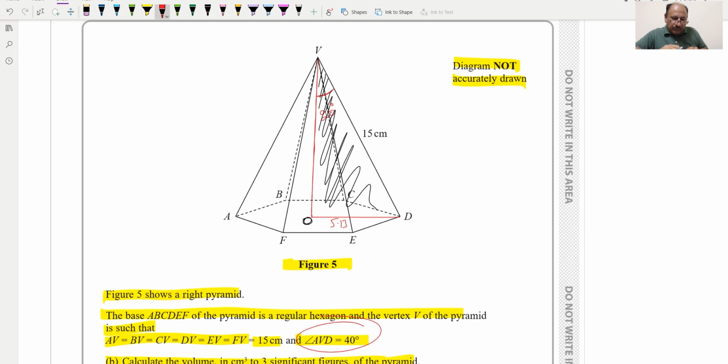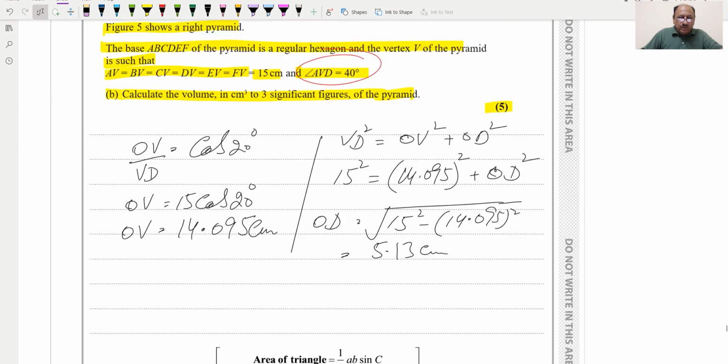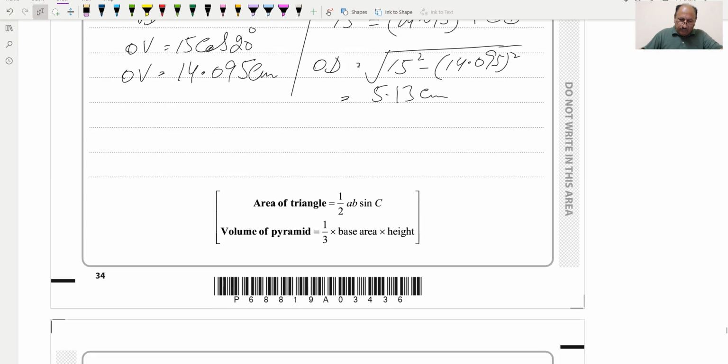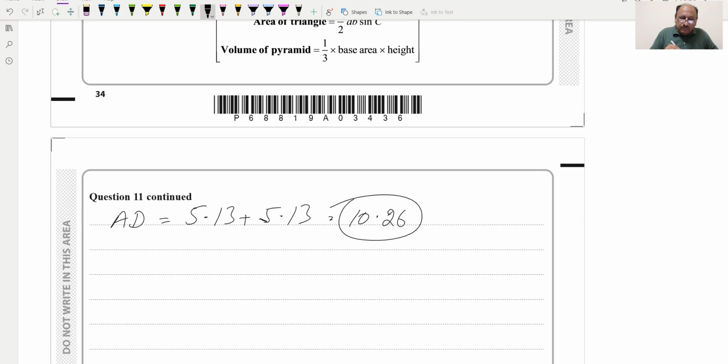The complete length is AD, and AD is what we are targeting for the area of the base. So AD is equal to 5.13 plus 5.13, 2 times, so it will be 10.26. So 10.26 is this length, which is AD.